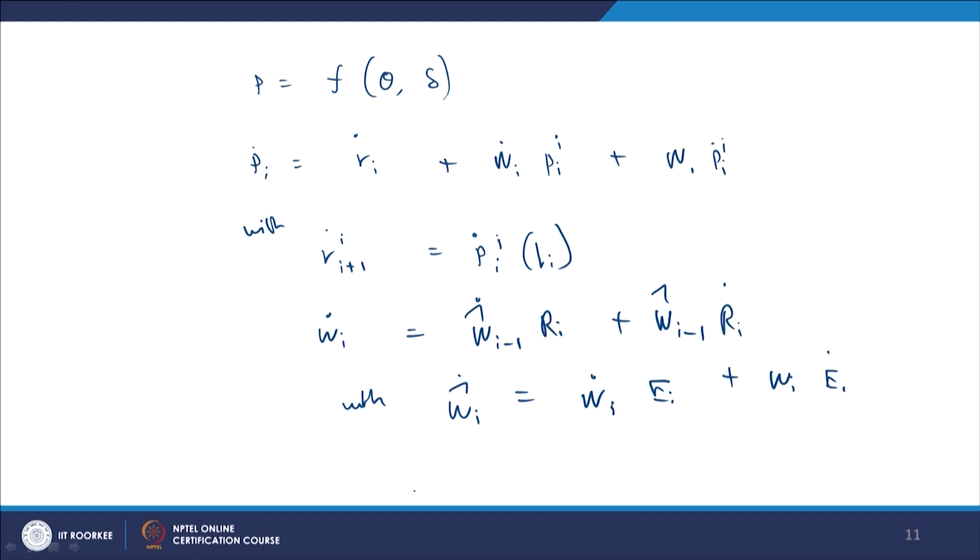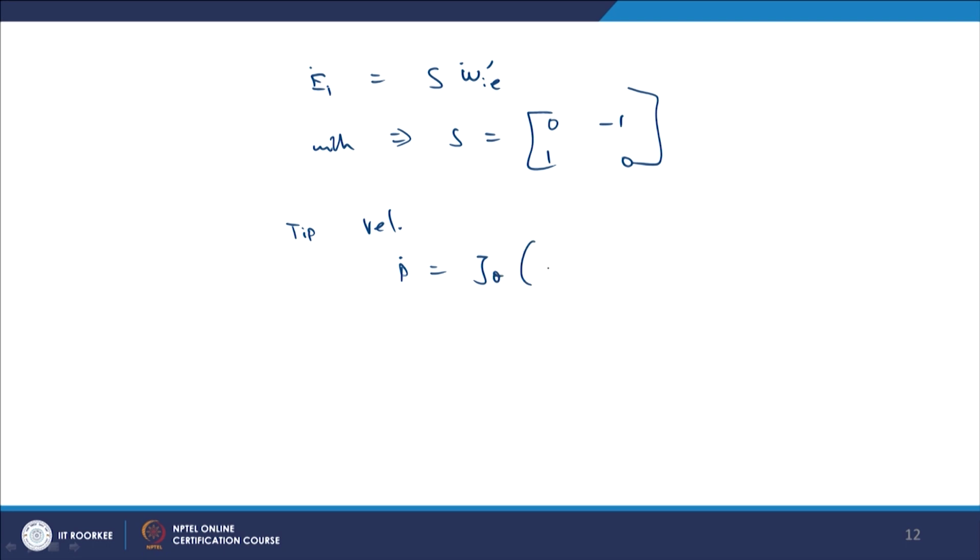So, it has been noted that Ṙ_I equal to S R_I θ̇_I and Ė_I equal to S W_I Ė tilde, with S being the skew symmetric matrix given by [0 -1; 1 0]. Thus, the tip velocity can be expressed as Ṗ equal to J_θ(θ,δ) θ̇ plus J_δ(θ,δ) δ̇.